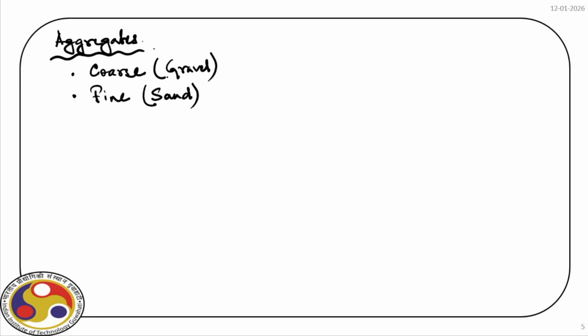Now, how do you differentiate coarse and fine aggregate? Coarse aggregates are those with a size of 4.75 millimeter or above. And if it is less than 4.75 millimeter, obviously we call it fine aggregate, which is sand.